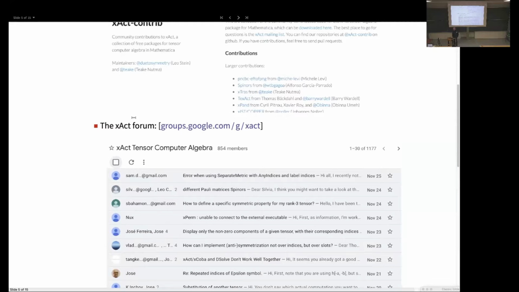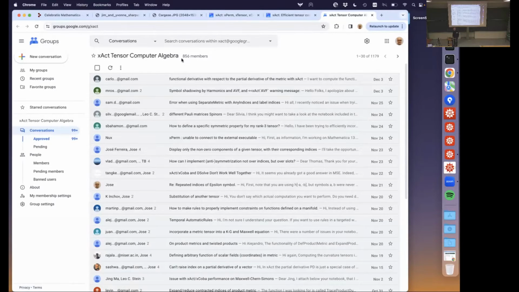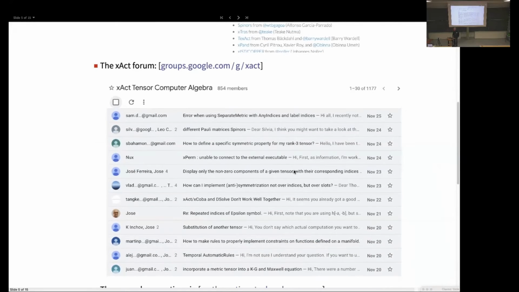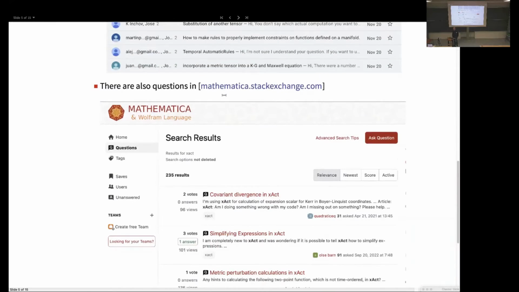A very important resource for xAct is the xAct forum. It's a Google group. And if we go here, there are, you see, 856 members. We have more than 1,000 threads already. This is a very important source of information about discussions on xAct, on the Wolfram language, on differential geometry, etc. Most of the questions are posted there, but some people also prefer to post questions in Mathematica Stack Exchange.